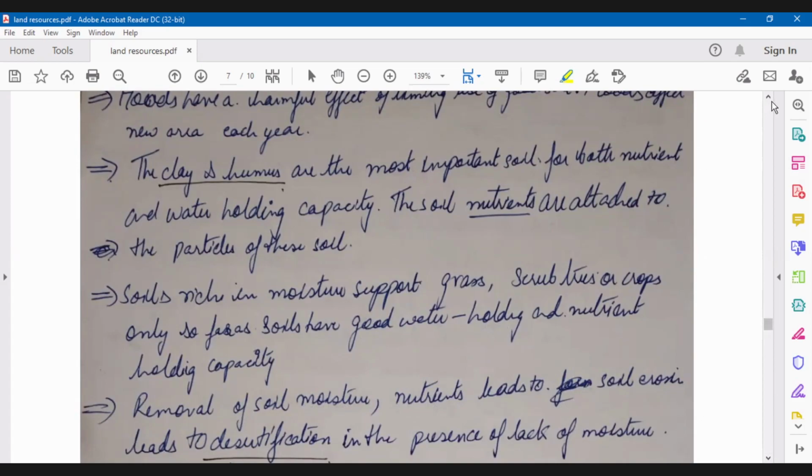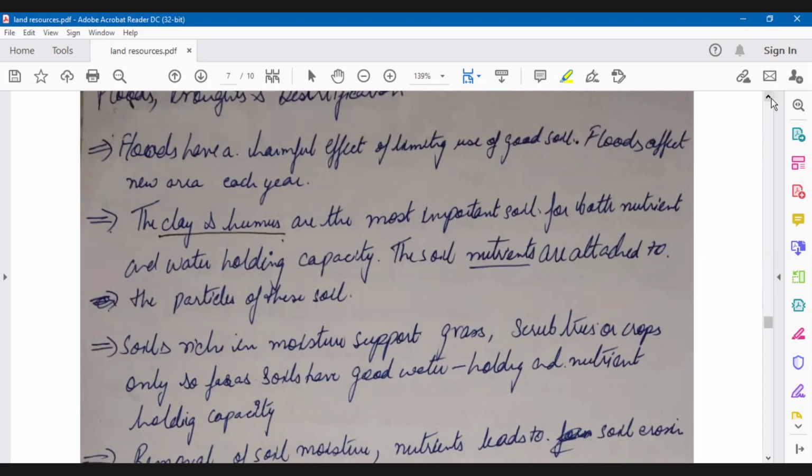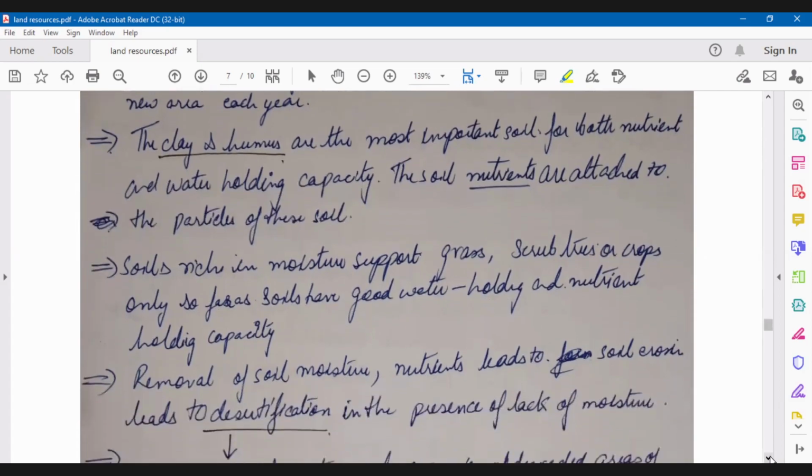When there is flooding, the factors affected are diseases, the crops also get damaged, and human resources are also disturbed. So we have already read about floods, desert and drought.